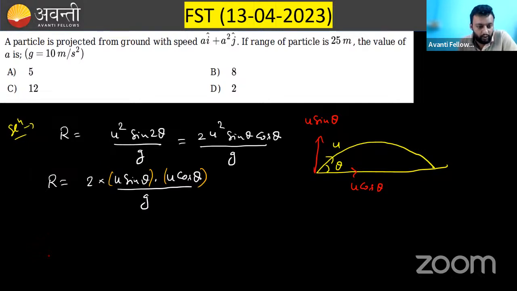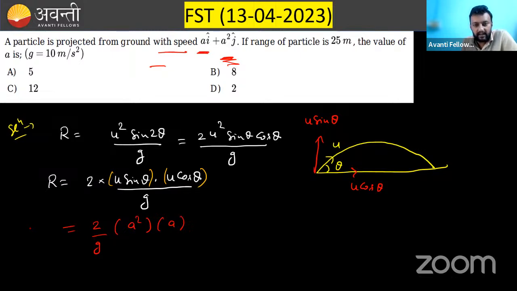Now in the question, the speed is given as a î + a² ĵ. a î means the horizontal component is a. So I am putting the value 2 over g. u sine theta is the vertical component which is a square. u cos theta is the horizontal component which is a.